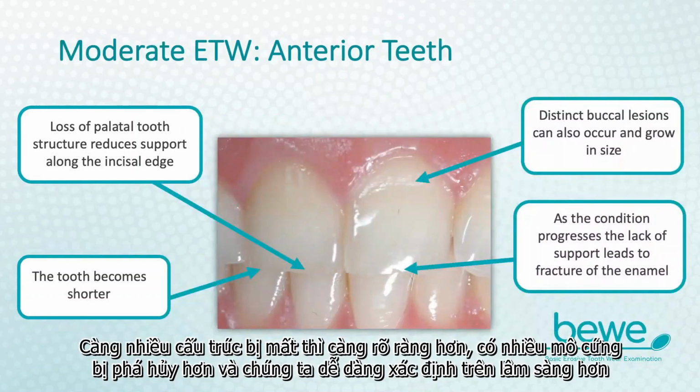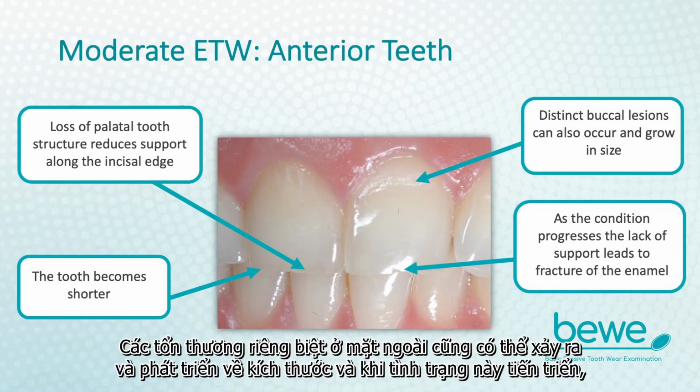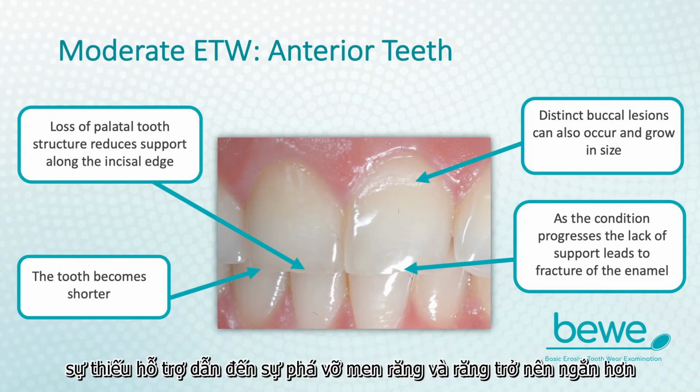As enamel destruction becomes more pronounced, there is more hard tissue destruction and it becomes easier to identify clinically. Typical signs on anterior teeth are loss of palatal structure, which can reduce the support along the incisal edge. Distinct buccal lesions can also occur and grow in size. As the condition progresses, the lack of support leads to fracture of the enamel and the teeth become shorter.